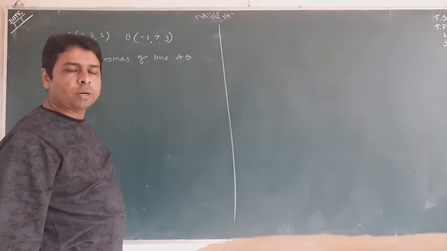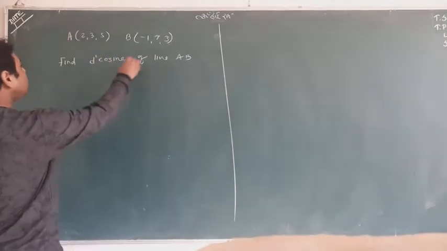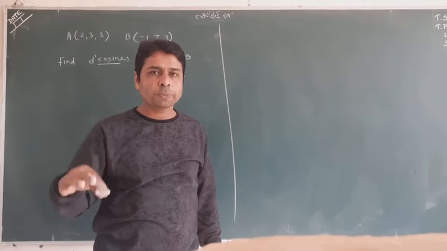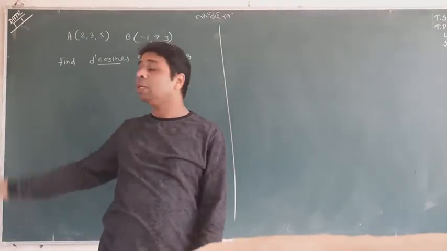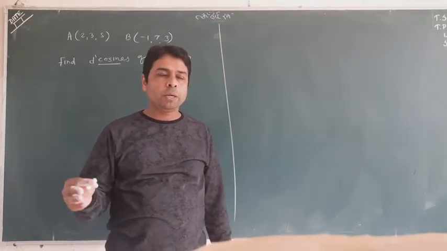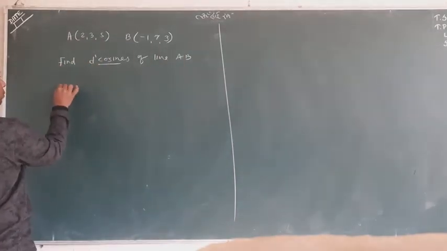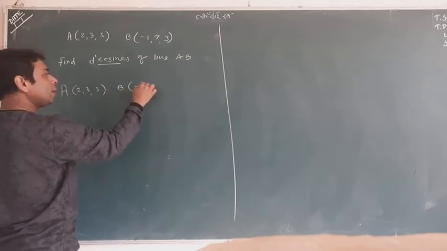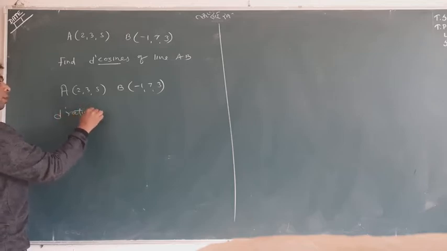This is three-dimensional geometry, and I am not using vectors here. Direction cosines depend on two formulas: either cos alpha, cos beta, cos gamma, but the angles were not given this time, so we will use the second one, finding A, B, C, the direction ratios.